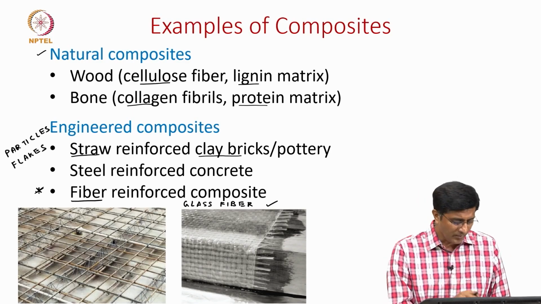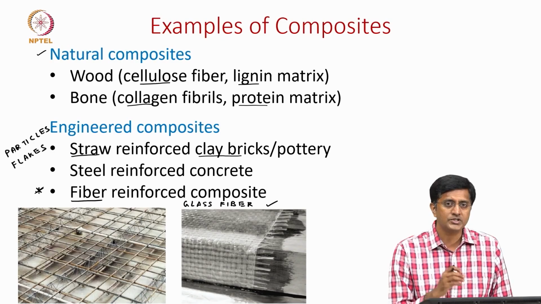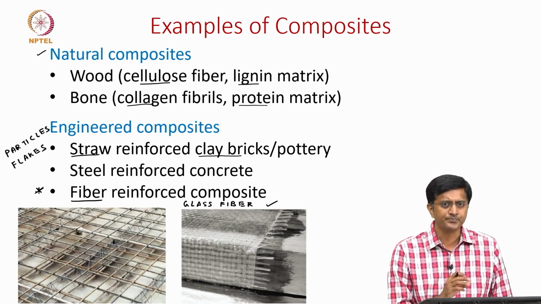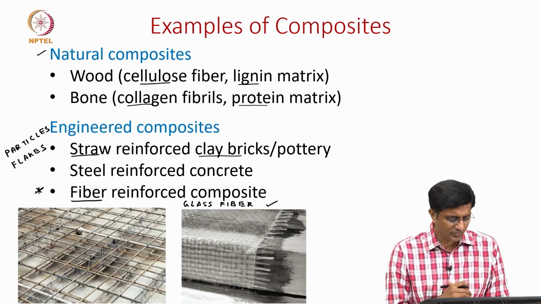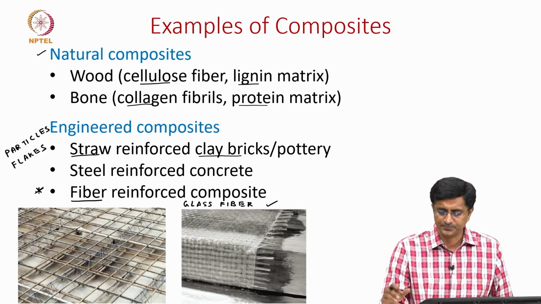For this, fiber reinforced composites are the best candidates. So, for the rest of the course, we will focus on fiber reinforced composites, which will help us in either the design or the analysis of these applications.